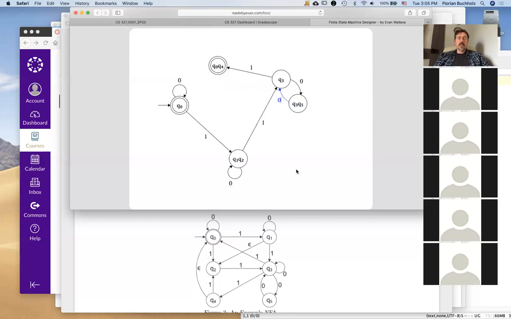So at any given point, even in between consuming symbols, you could take an epsilon transition. That's what makes these NFAs really complicated to understand, but rather easy to design, because you can just say, oh, well, whenever we like, we can go this way. It'll come in handy when we build automata from regular expressions in the next section.